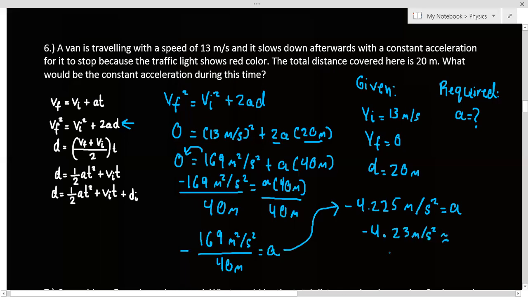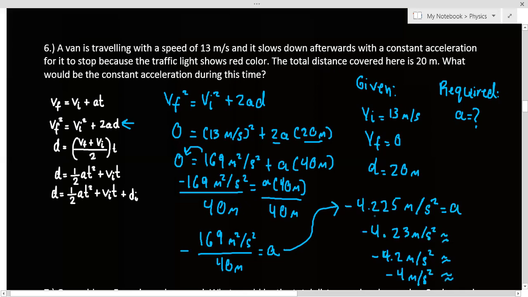Okay, approximately. Or you can have negative 4.2 meters per second squared. Okay, kung gusto mo ng isang decimal place, or kung gusto mo lang ng whole number, negative 4 meters per second squared. Okay?